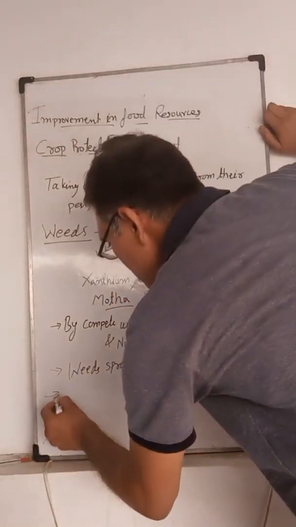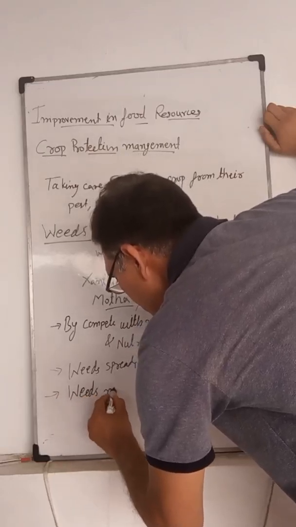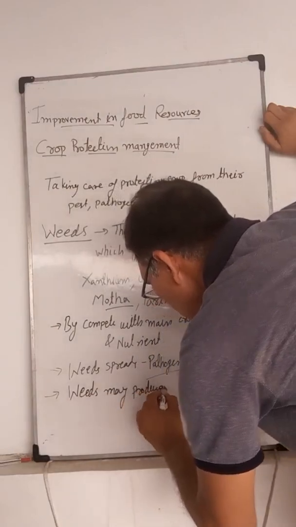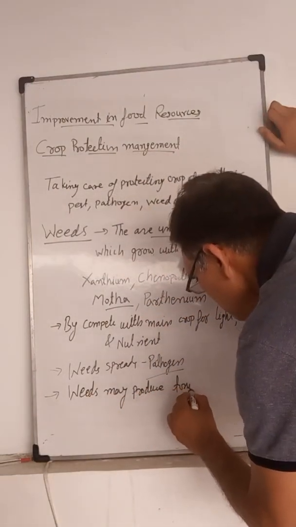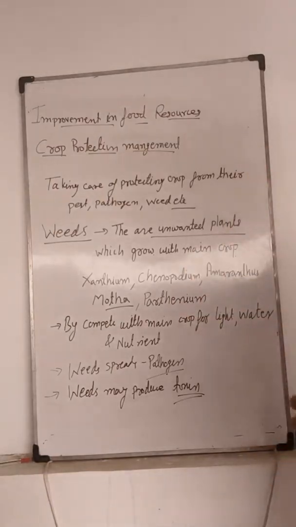The weeds may also produce toxins which harm the main crops. In this way, weeds destroy or reduce the production of crops.